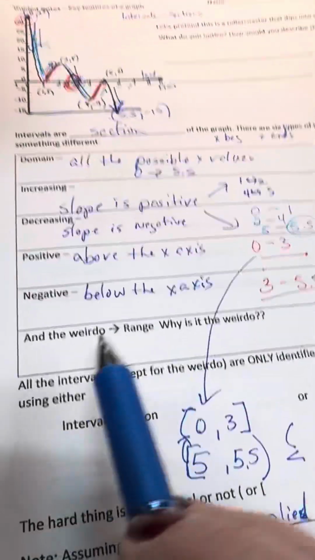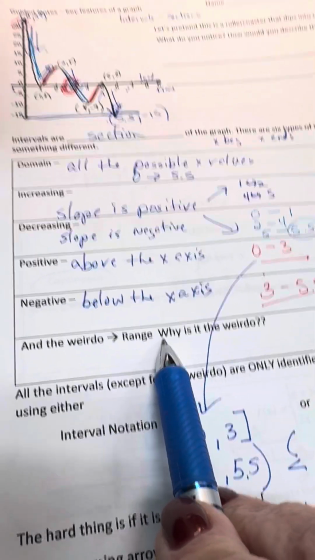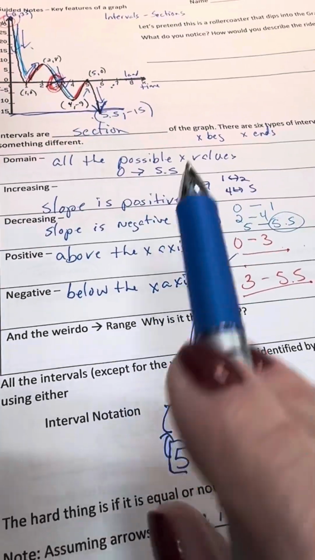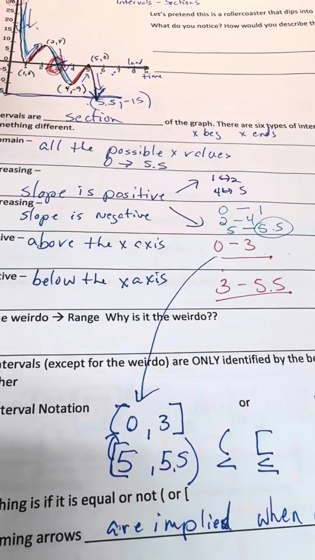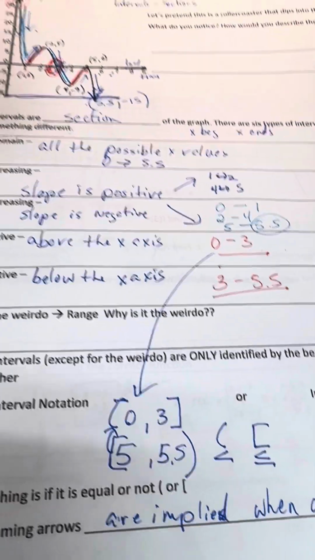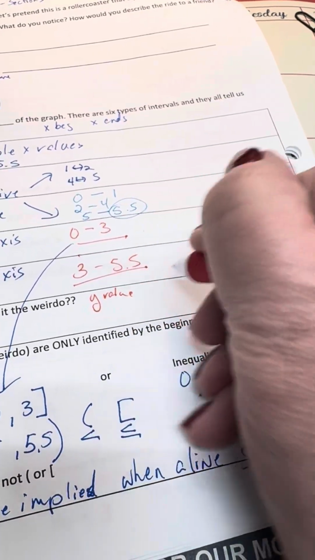Okay, so I skipped something on purpose. Range is the weird section because most of the time the section is from x value to x value, where it begins to where it ends. Range is the exception. Range is the y value to the y value.